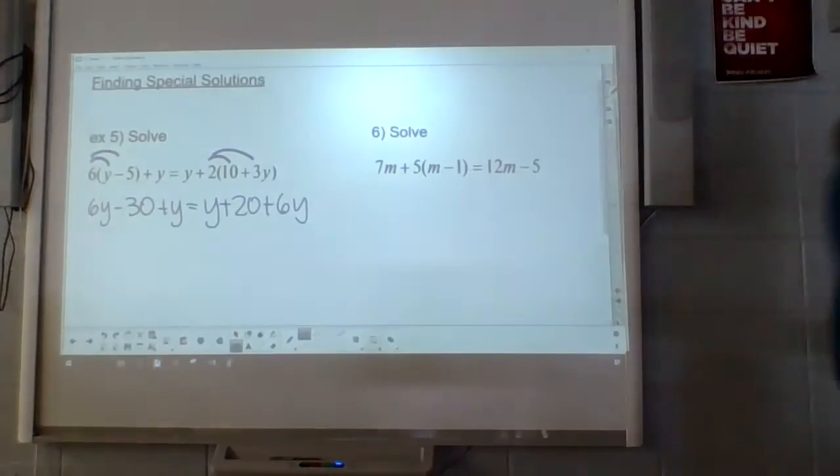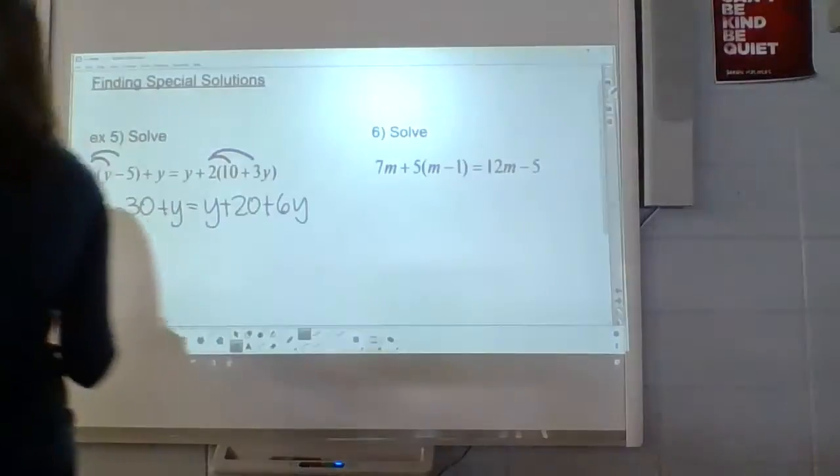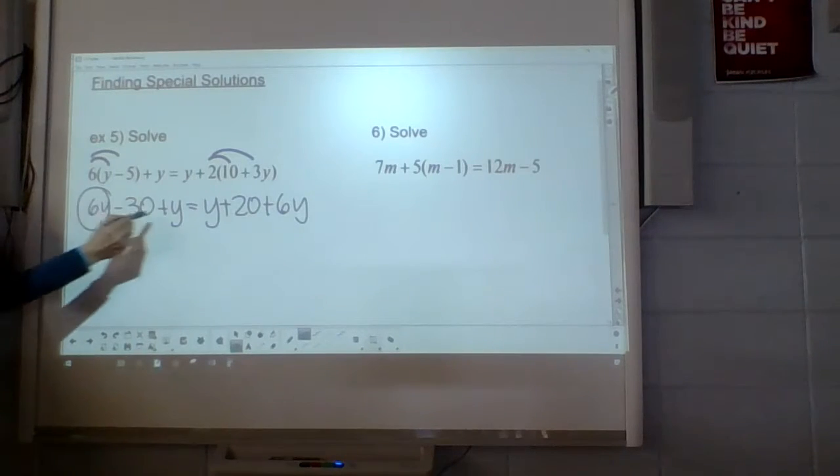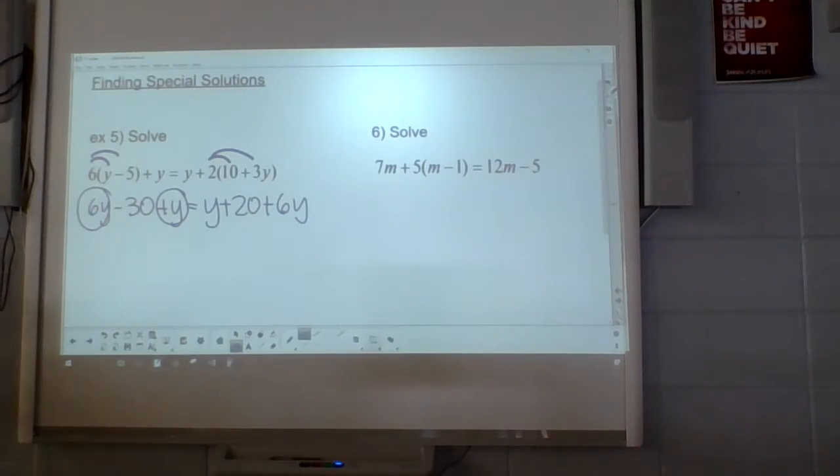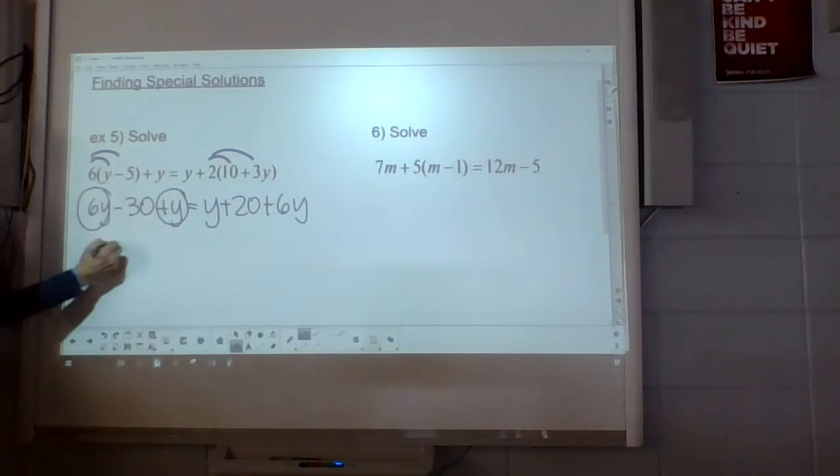Hopefully that's what you got when you distributed there. Now at this point, I have like terms on either side to put together. So I have 6y and y. What is that going to be? 7y. So you combine them on that same side, so you just put 7y.